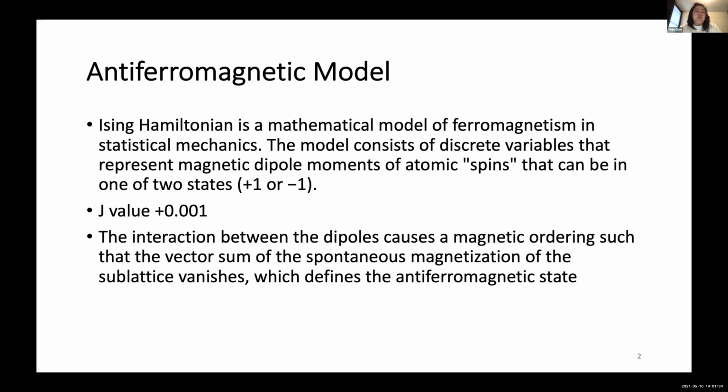In my model, I set my J value as positive 0.001, and the interaction between the dipoles causes a magnetic ordering such that the vector sum of the spontaneous magnetizations of the substance vanishes, which defines the antiferromagnetic state.